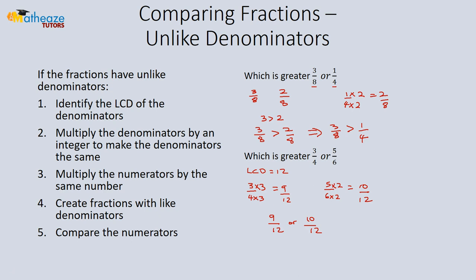What we know is 10 is greater than 9, so therefore 10 over 12 is greater than 9 over 12, which then lets us see that 5 over 6 is greater than 3 over 4.